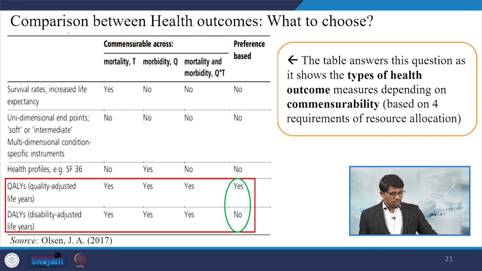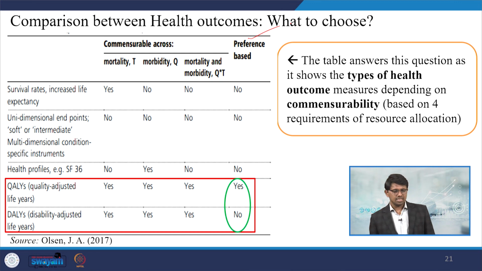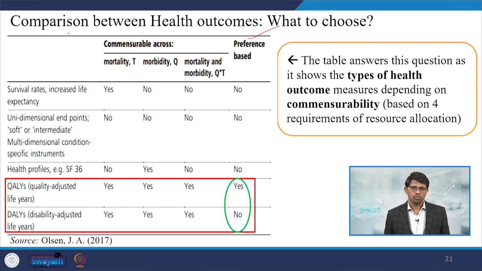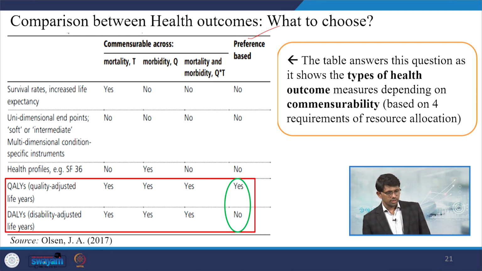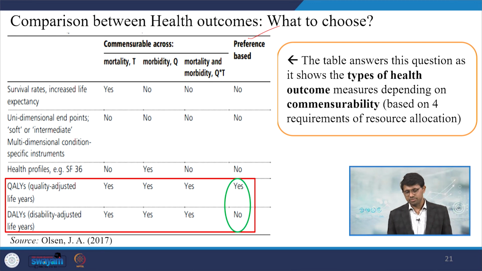So, here are the comparisons of these indicators which are already mentioned. The most important indicator is preference. In this figure, which one should be chosen? The table answers this question, as it shows the type of health outcome measures depending on commensurability, based on 4 requirements of resource allocation: mortality, morbidity, mortality and morbidity, and preference based, which we have stated from the very beginning.